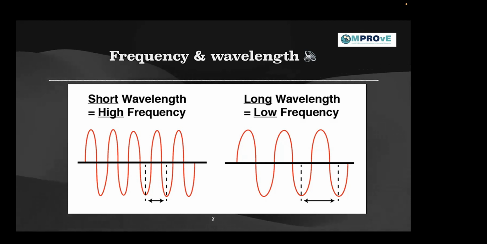The distance, or the time, between two consecutive waves will be much less compared to when the frequency is low. That is, a low number of waves are generated, so the time gap between two waves will be higher. So this is what is depicted here.